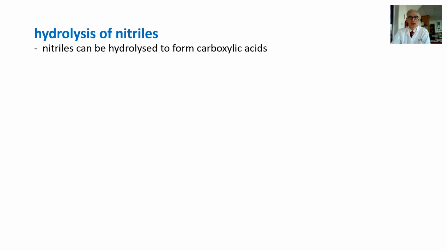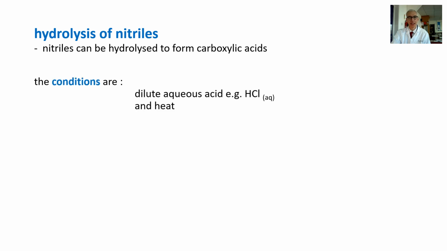So the first issue about the reactions of the nitriles is to know them factually. The first one is the hydrolysis of the nitrile to form a carboxylic acid. You need to know the conditions: dilute aqueous acid, for instance, dilute hydrochloric acid, and it needs to be heated. So we might change propane nitrile, for instance, into propanoic acid.